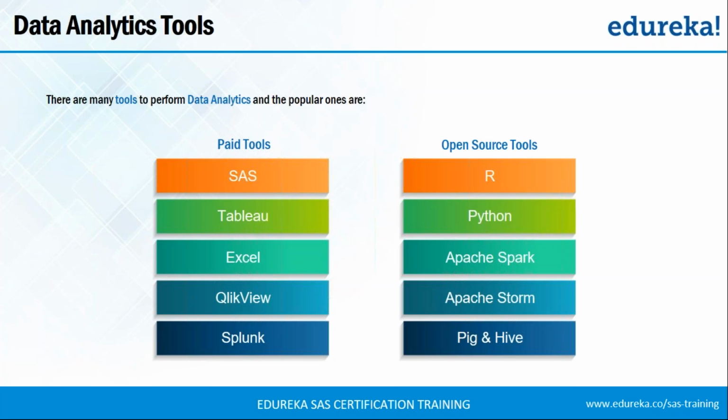The difference between paid tools and open source is that with paid tools, you can get support from the vendors, whereas with open source, you may not get any support. With paid tools, whenever there is a new patch, it will be installed and you'll get to know that there is a new thing coming in, new features coming in. Whereas with open source, it's random and anyone can publish and have their library in R, and the same could be in Python and so on.